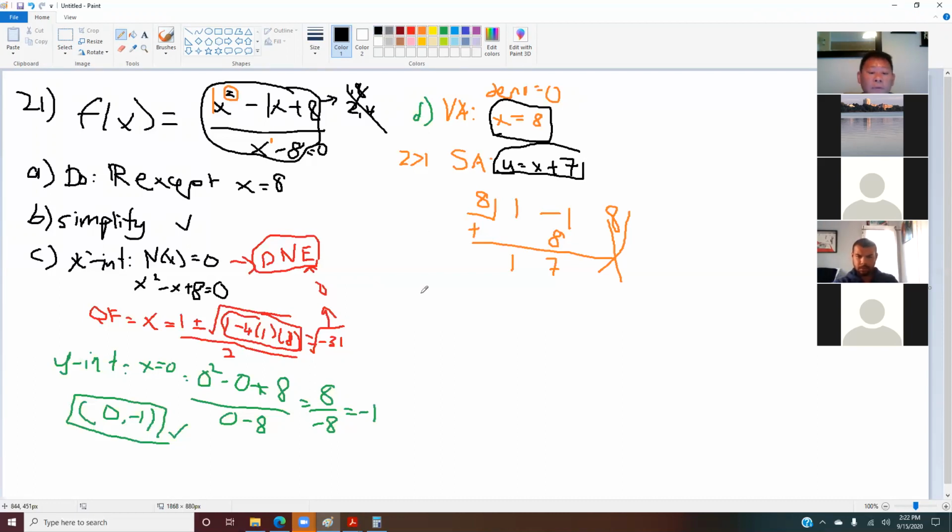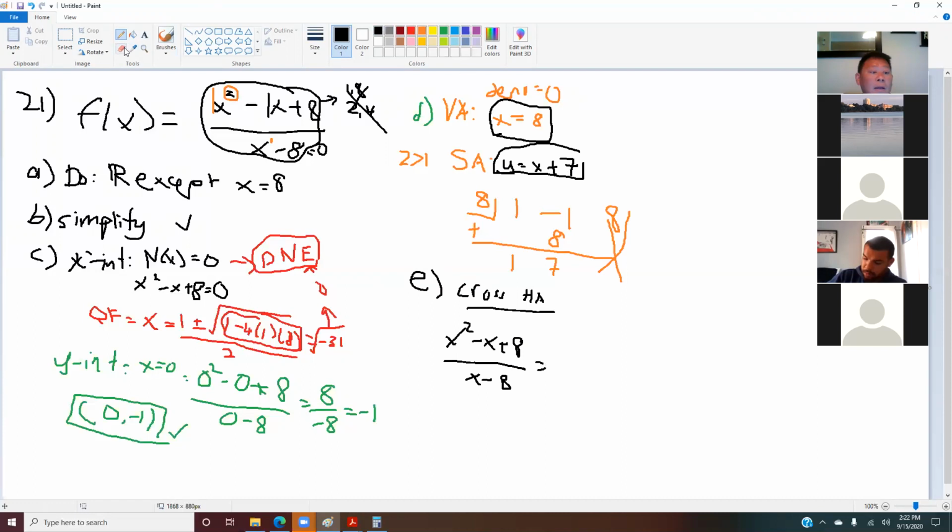So next we have to figure out, does it cross your asymptote? How we figure out if they cross is you take all this, x squared minus x plus 8 over x minus 8. Not HA, it's SA.